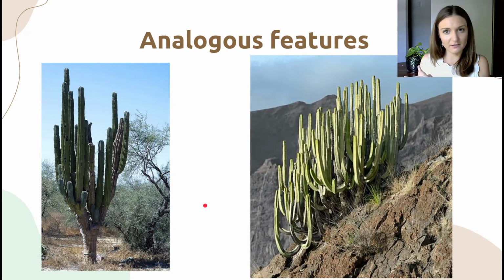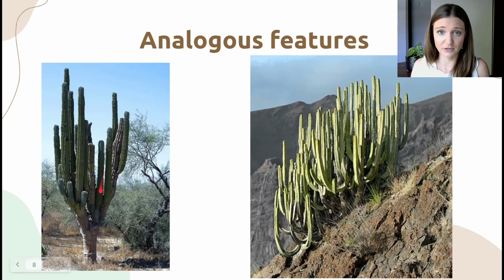The flip side of homologous structures is analogous structures or analogous features. These are characteristics that arise in organisms not due to shared ancestry, but due to similar environments. So here we have on the left, this is a cactus, and on the right we have a euphorbia. So these are organisms that look very similar.